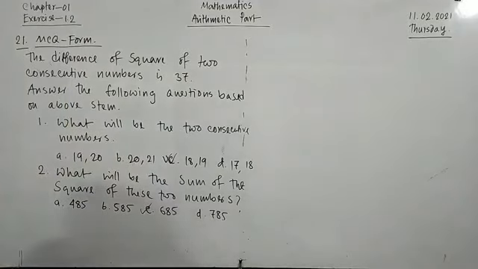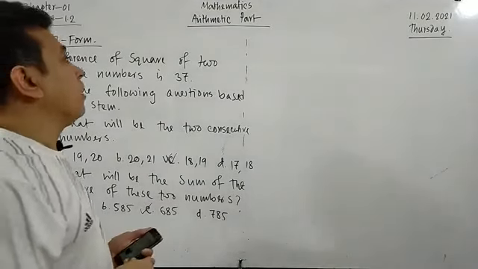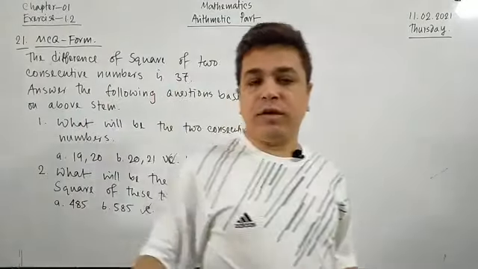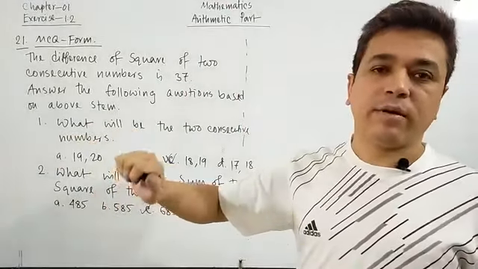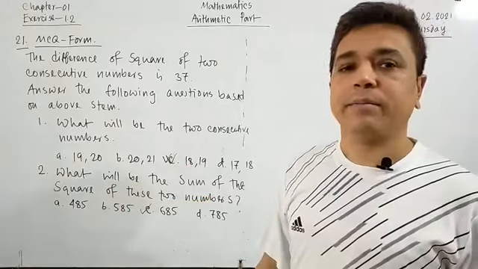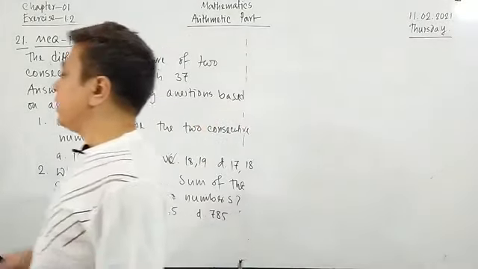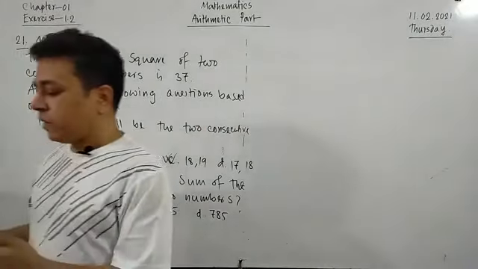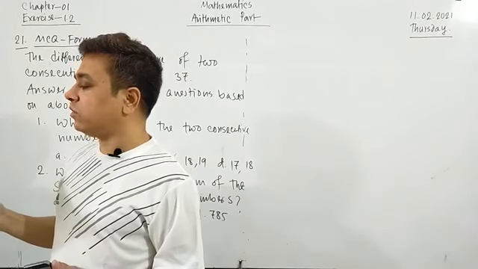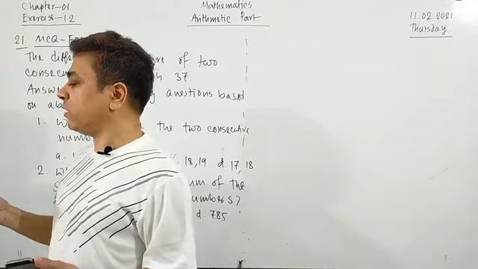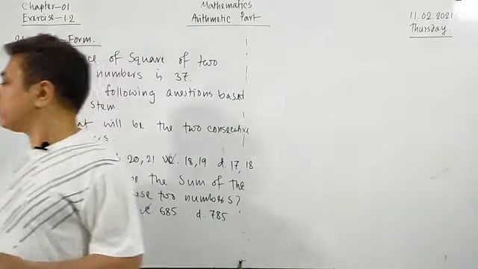We have to find the least two numbers, and after that the difference of squares of these two numbers will be a perfect square. Okay, and again I'm just reading this question. Look at it here. Find two such consecutive numbers so that the difference of squares of them is a perfect square number.